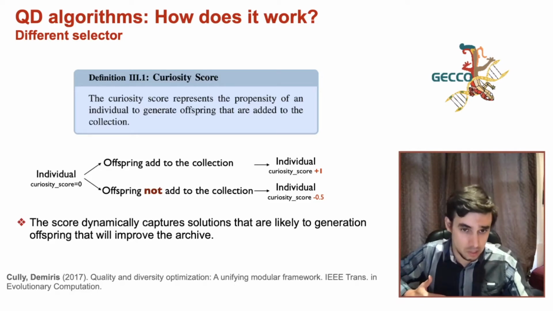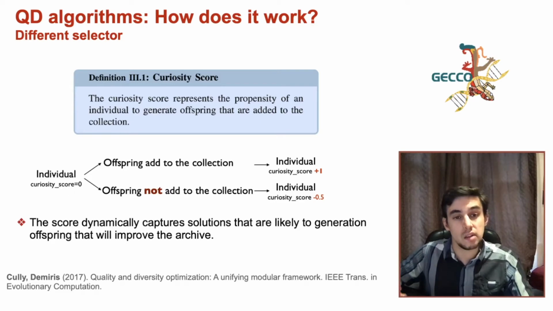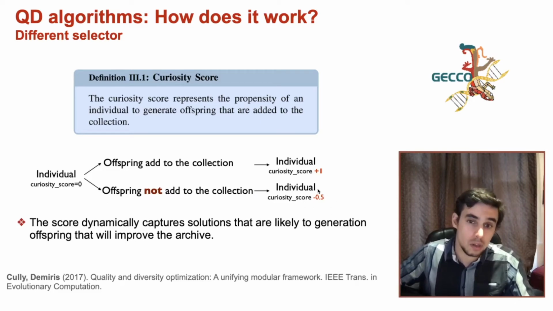When the solution is newly generated, the curiosity score is set to 0. Then every time this individual is selected and produces an offspring, and if this offspring is added to the collection, we simply increment the curiosity score of the parent individual by +1. If the offspring is not added to the collection, the curiosity score is decremented by 0.5.